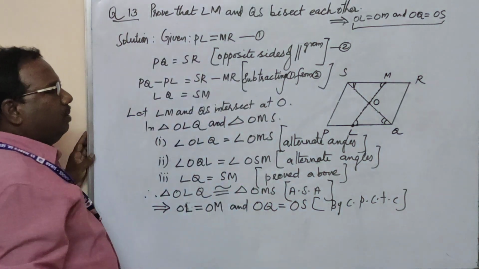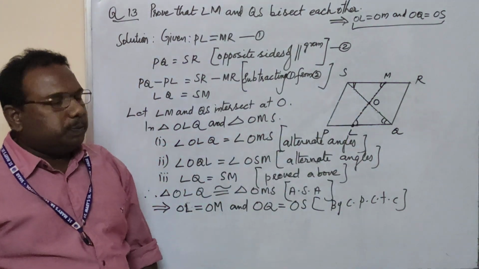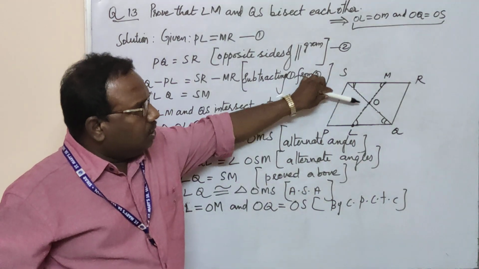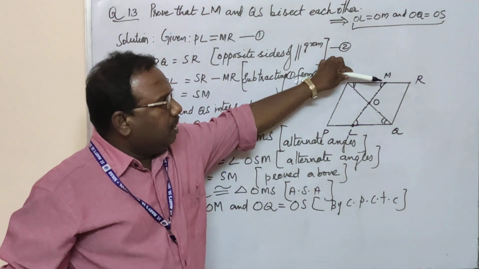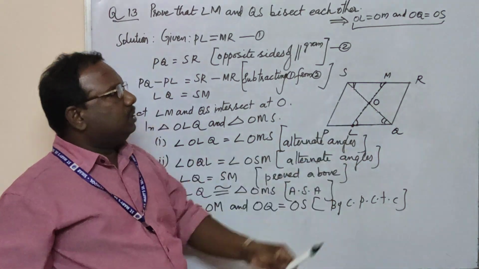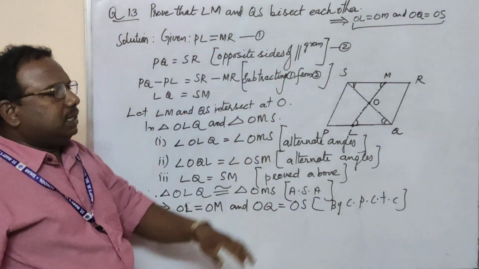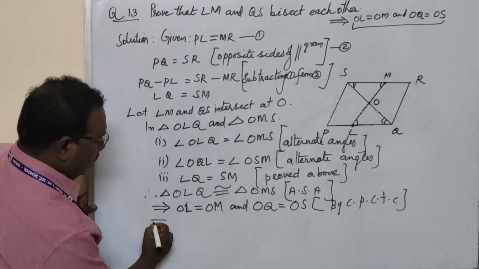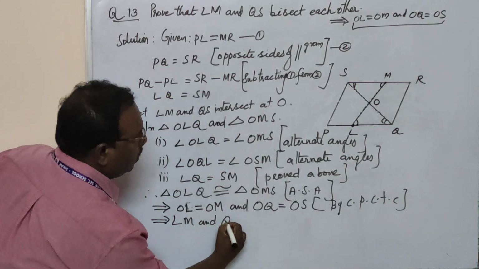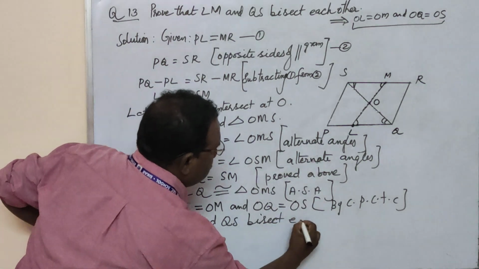Very carefully look at the board. If these two triangles are congruent, their corresponding sides are equal. OL is equal to OM and OQ is equal to OS, which implies LM and QS bisect each other.